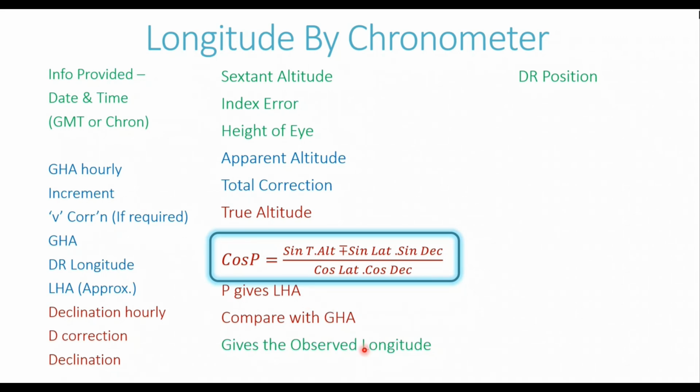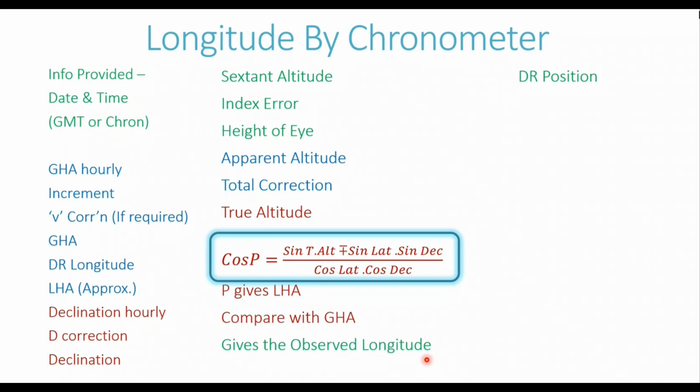This longitude is called the observed longitude, because it has been obtained by observing the body, or by taking an observation of the body, which we call a sight. So we have obtained the observed longitude here. This was the method, longitude by chronometer.